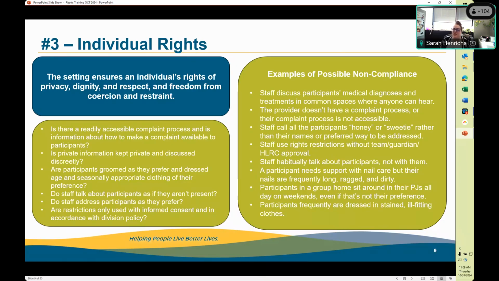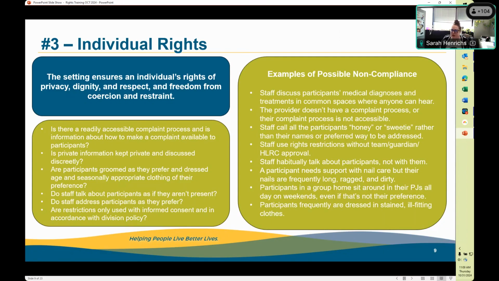But what we're talking about here is where nobody is getting helped to get up and get around for the day because, you know, why put in the effort, because we're not being respectful of their human dignity and their preferences.